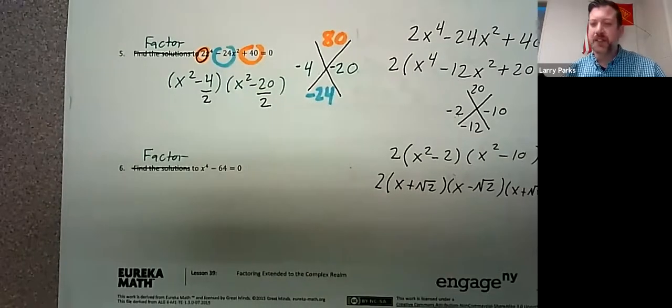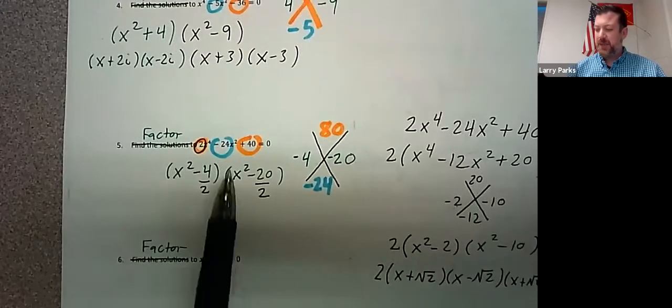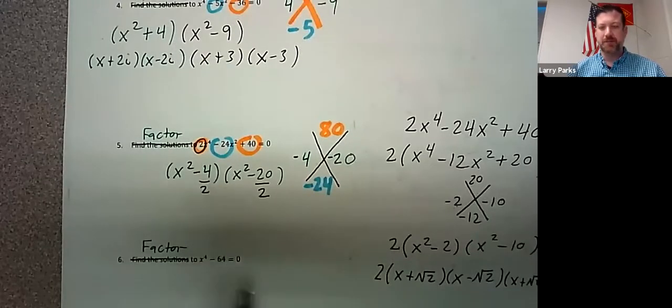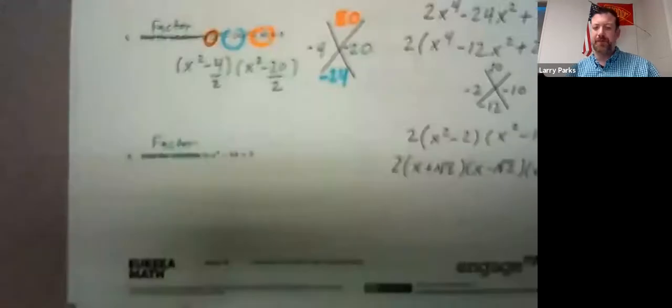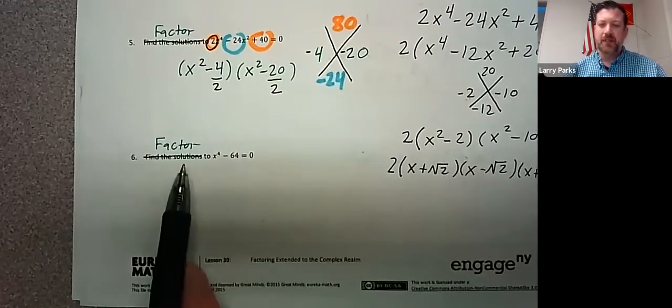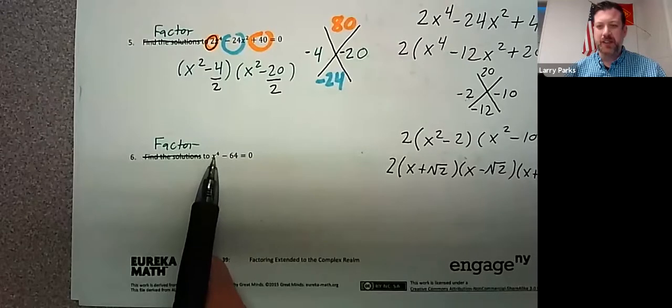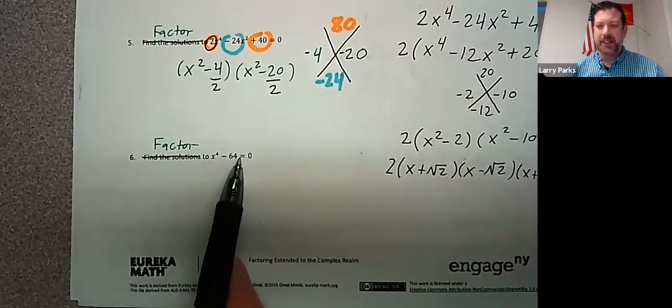All right, number 6 looks different. And the reason why number 6 looks different is because there's no middle term. So what this means, because there's only 2 terms, I'm going to factor by difference of 2 squares. So I could break this into x squared and x squared. I could break that into 8 times 8.